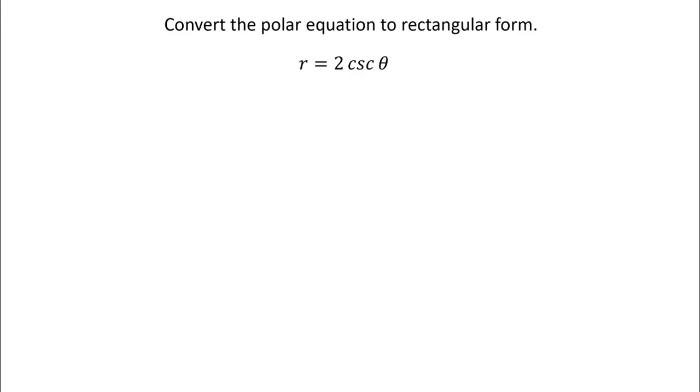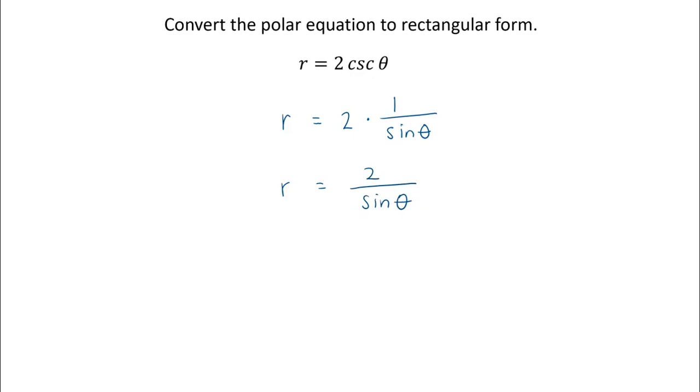So the first thing I want to do here is start by rewriting cosecant of theta in terms of sine. So that would give us r is equal to 2 times 1 over sine of theta, because cosecant theta is 1 over sine theta. Or another way to write that would be r equals 2 over sine theta.